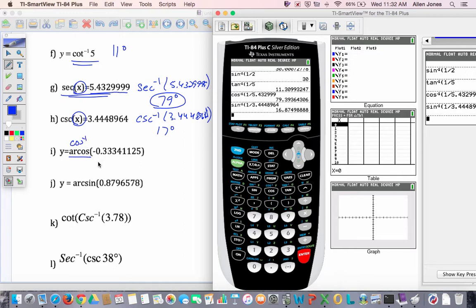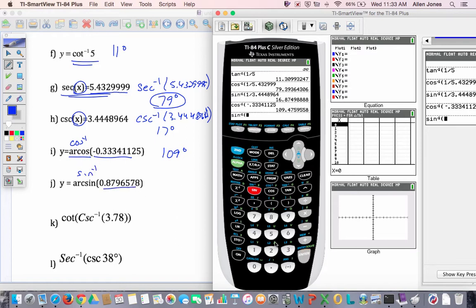Moving on to letter I, arc cosine. Remember, arc cosine is the same thing as inverse cosine. So inverse cosine of -0.3333 was written with an inverse. This is our ratio, so I just type that in straight as I have it written, -0.33341125, and that gets me about 109 degrees.